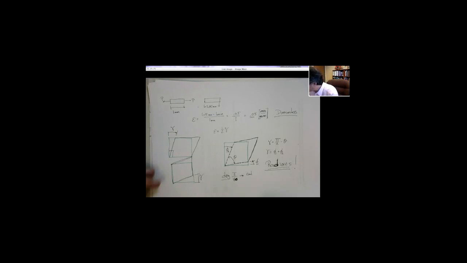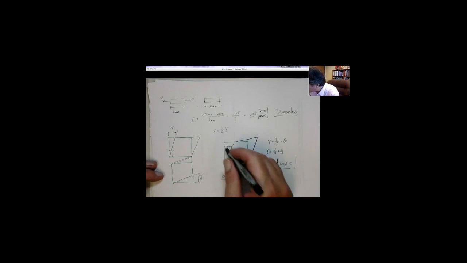All right, and the other thing to note is that when you look at this general deformation, the sign of this angle, the sense, matters. So watch the direction of these angles phi.